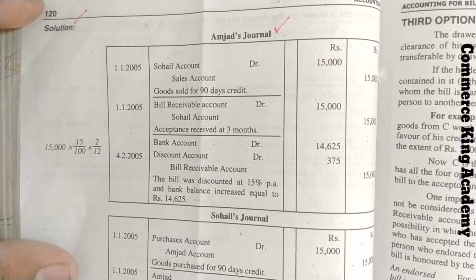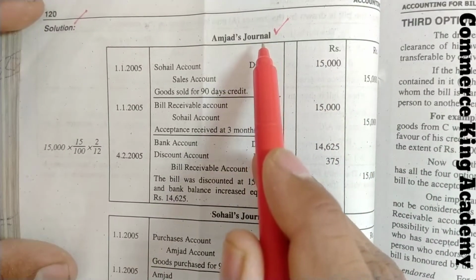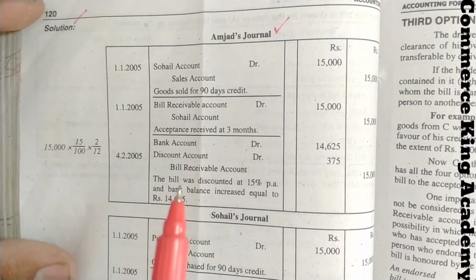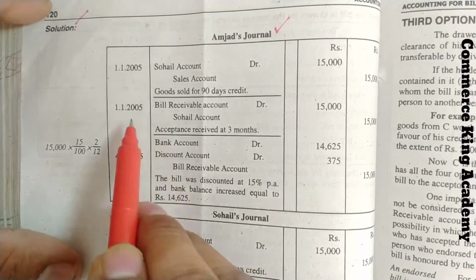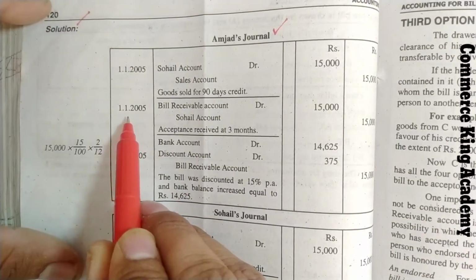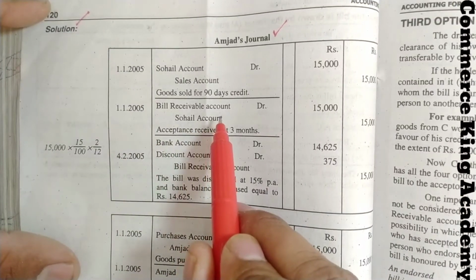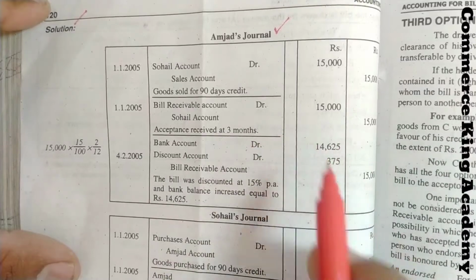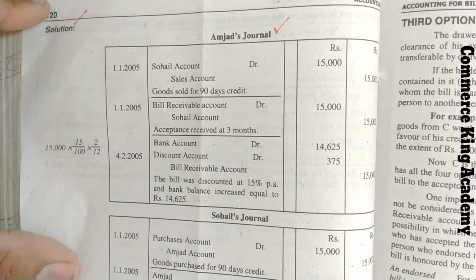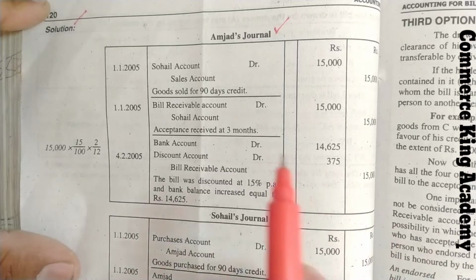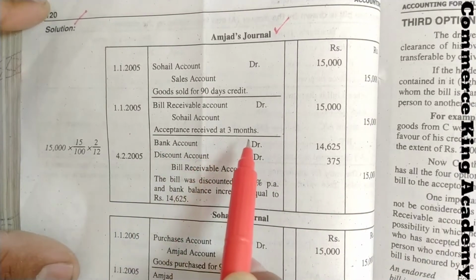And on the same date, Mr. Amjad drew a bill of exchange on Mr. Sohail. So the entry of this transaction will be on the same date, 1st January 2005. Bills receivable account will be debited here with the same amount 15,000, and Mr. Sohail account credited, with description: acceptance received at 3 months.